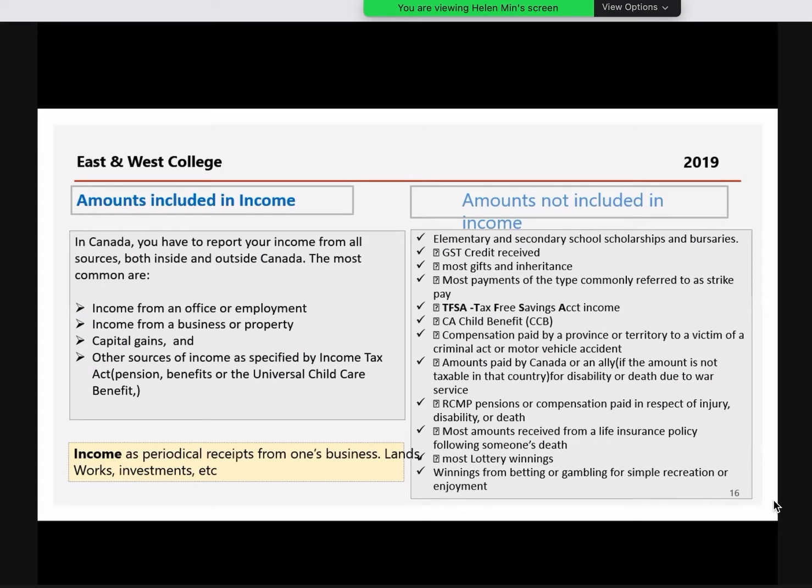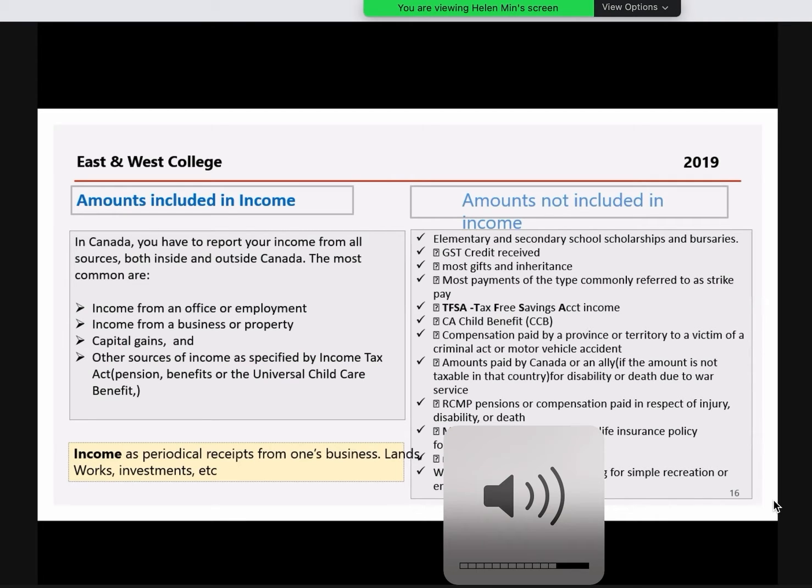They go to, for example, the city hall building and stand on the road with signs. The union pays them to do a parade or something to protest. This payment is tax free. You don't need to pay tax.